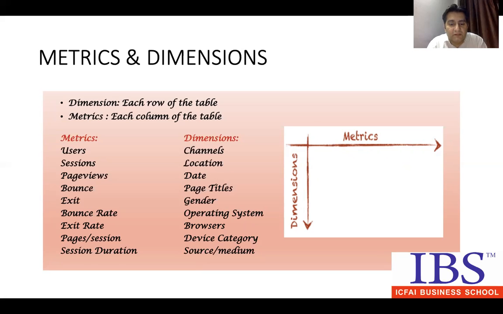So we need to understand accordingly, take decisions and take the entire digital marketing to the next level. What was the source, the medium of the traffic, browsers also, like Safari or Chrome or Mozilla or whatever.